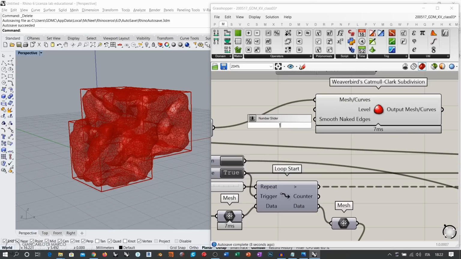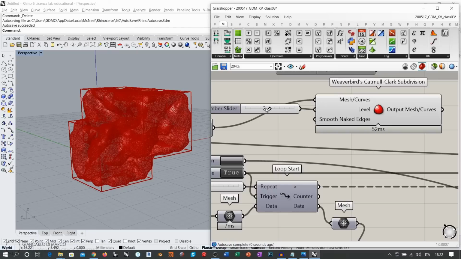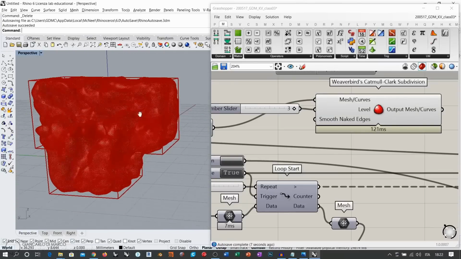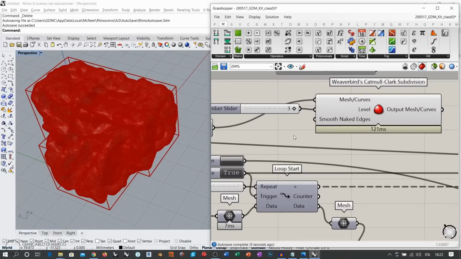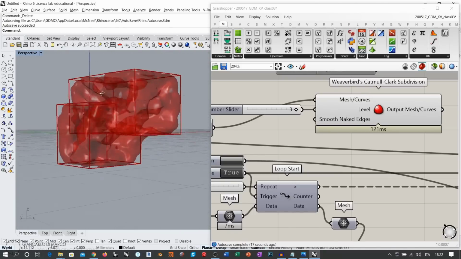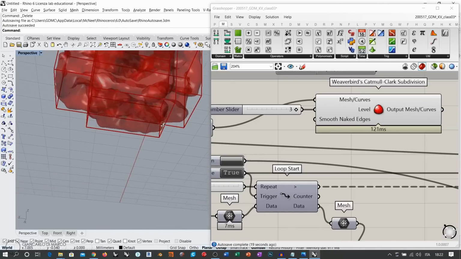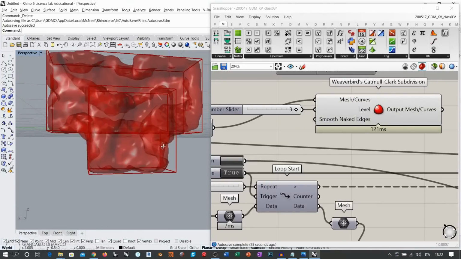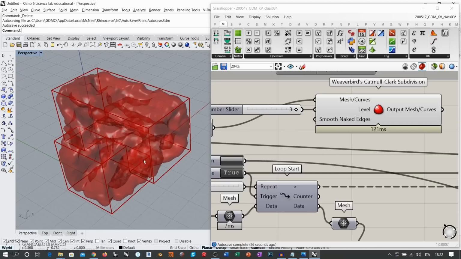We can use, for example, a slider between 1 and 3, and so we can easily determine the smoothness of this object. You can see that you start obtaining some nice objects like this one. If I turn off the preview of mesh edges with Control M, I start to see this object as it looks, with these concavities that are mostly due to the self-collision, the sphere collide component.